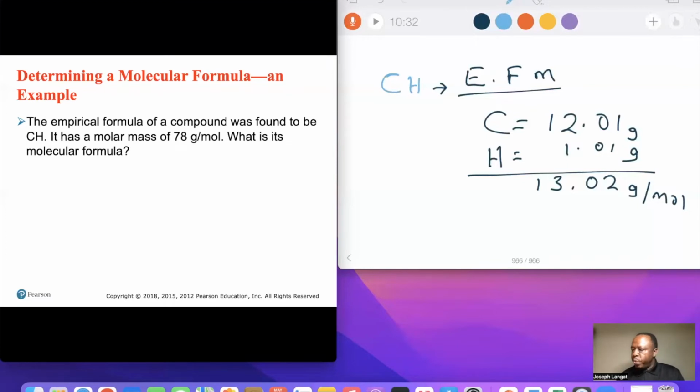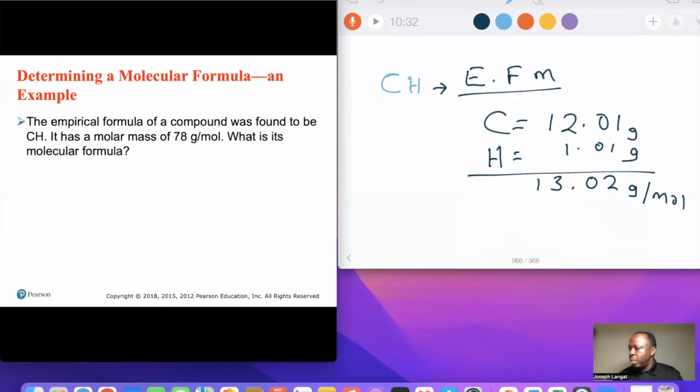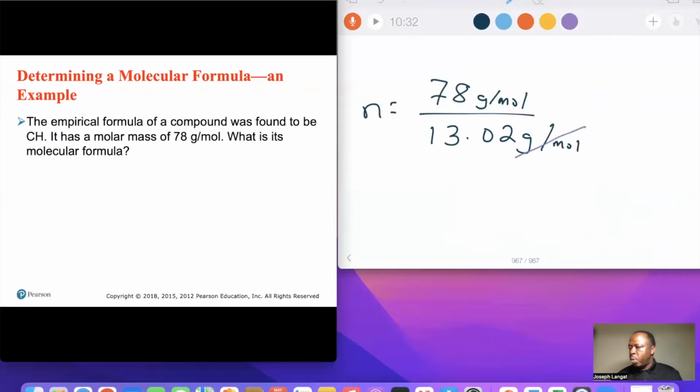So if we want to find our N, we use this equation. It's going to be 78. N equals 78 grams per mole over 13.02 grams per mole. Grams per mole will cancel out.